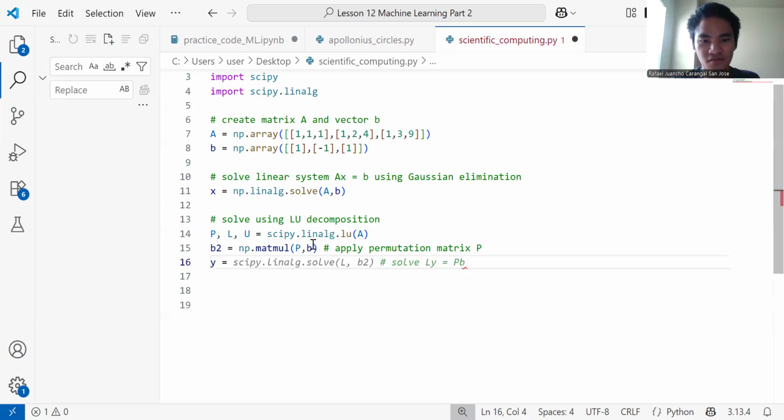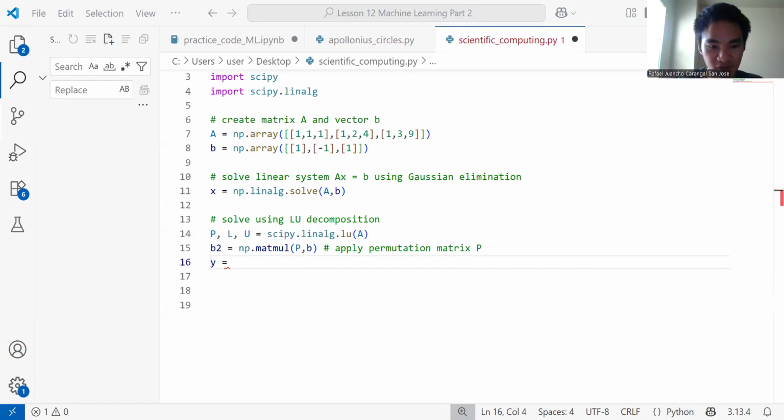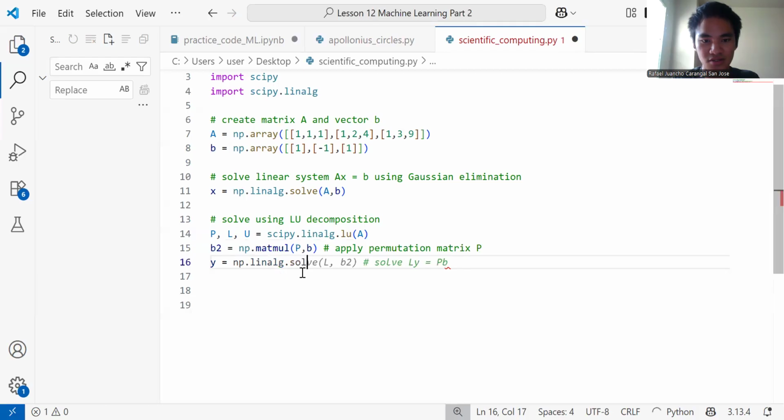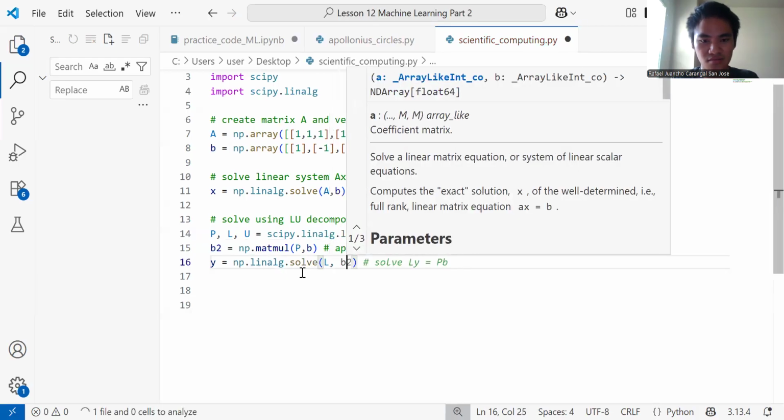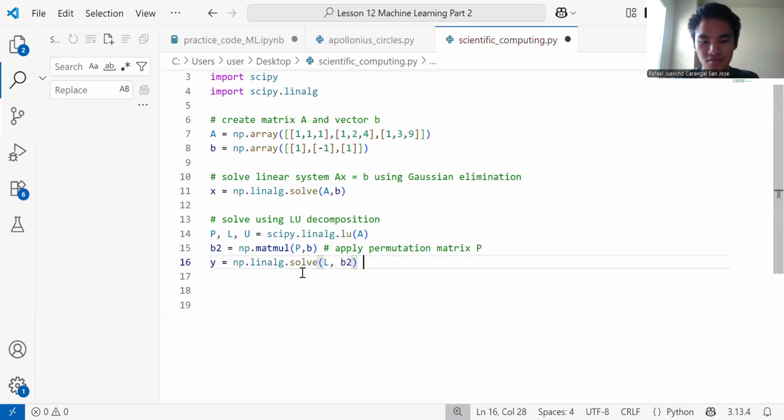And then we solve for y, our Ly equals b2. We solve for y, and we solve for x. So let's just do that. np.linalg.solve with L and b2.